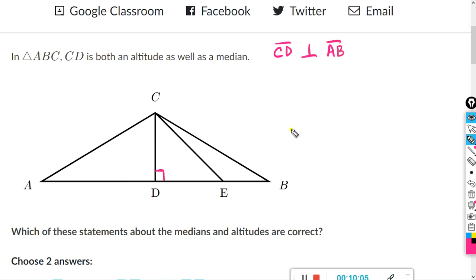Again, that's the symbol for perpendicular. And it's also a median. So if this is a median, that means it goes from vertex to midpoint. That means point D is a midpoint. So that means AD is going to be congruent to DB, because this is right in the middle. So AD equals DB.